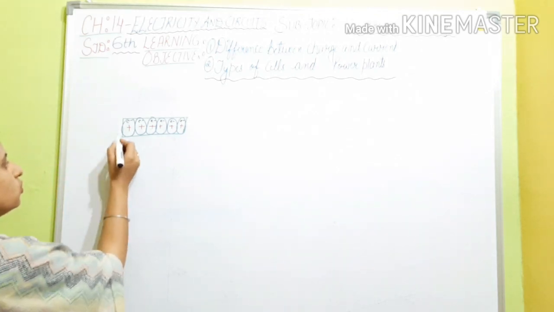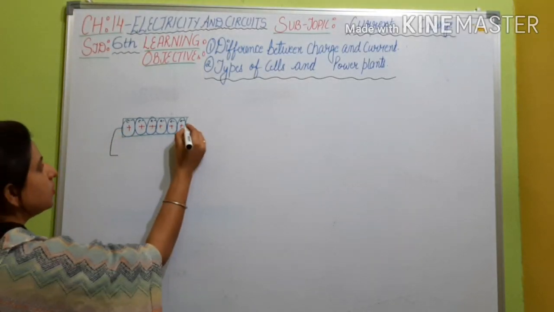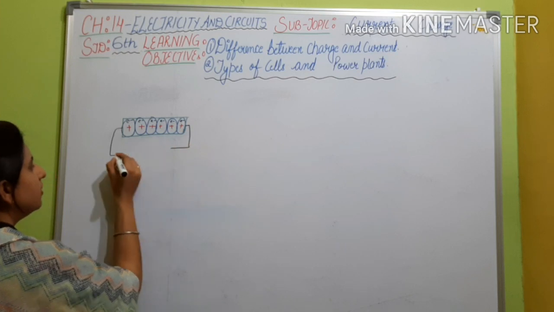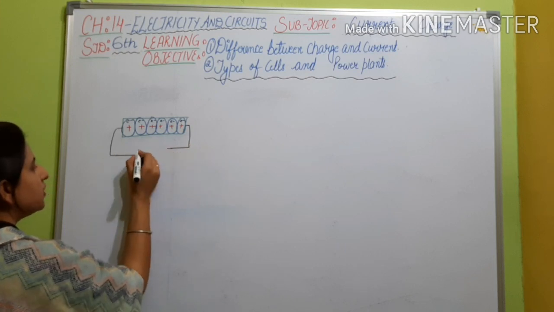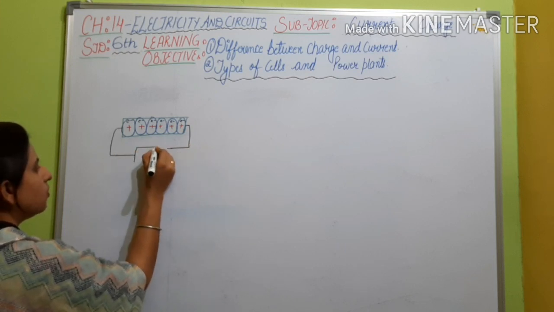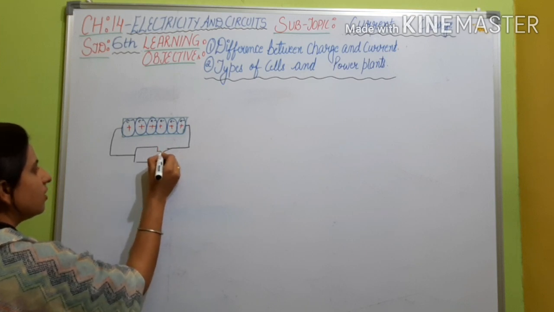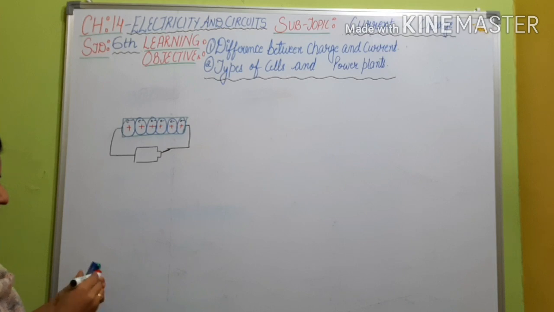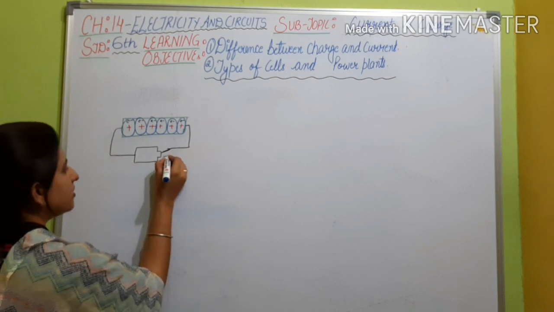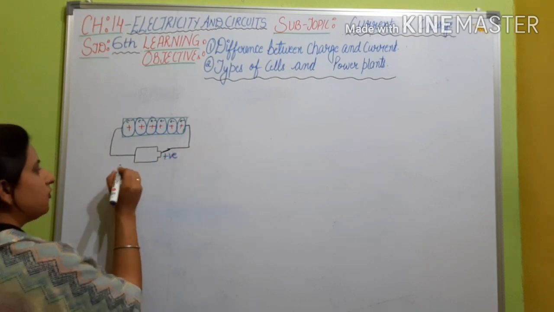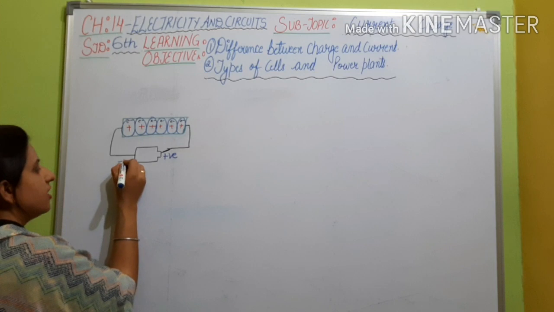Now I am going to bind this metal piece with a source of energy as a cell. So in the cell, the part which is a little bit outward is positive, and the flat surface of the cell is called negative.